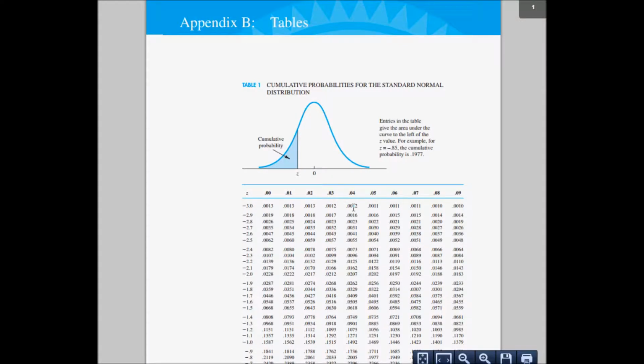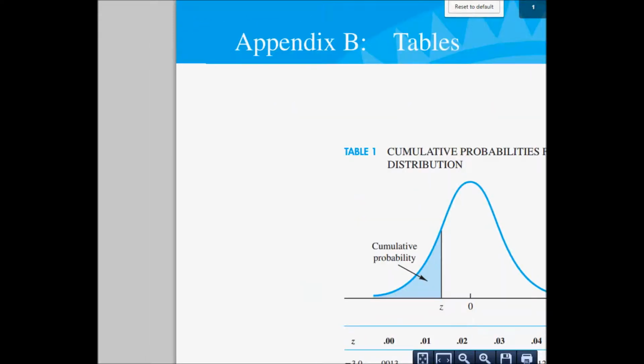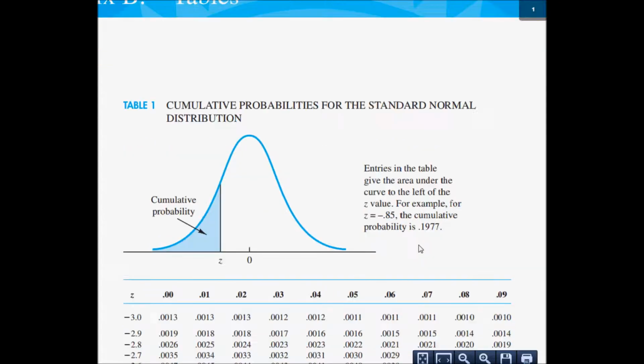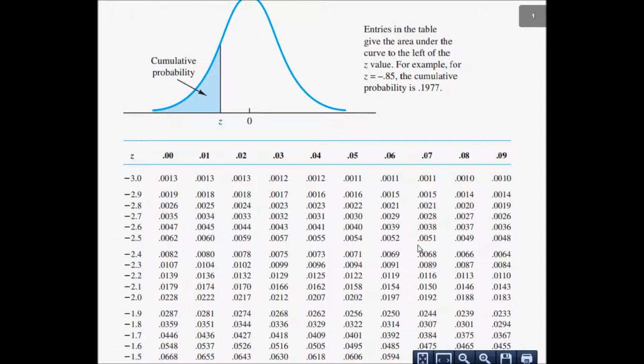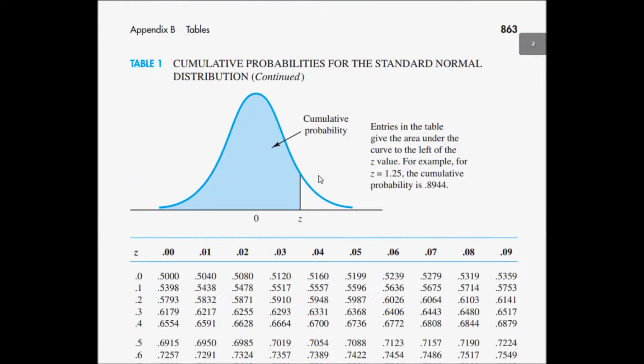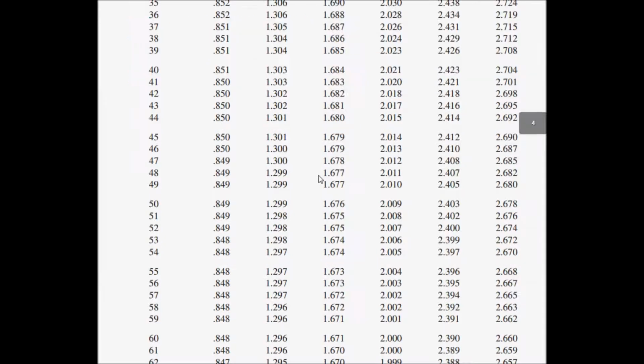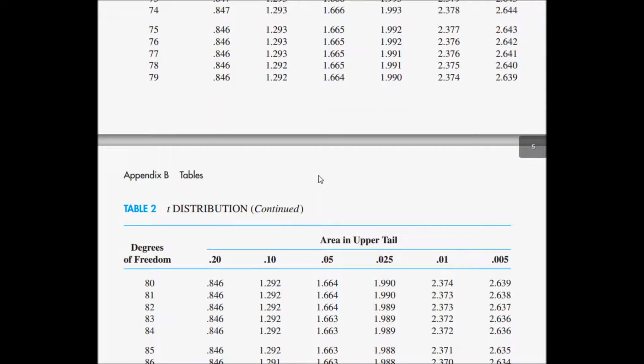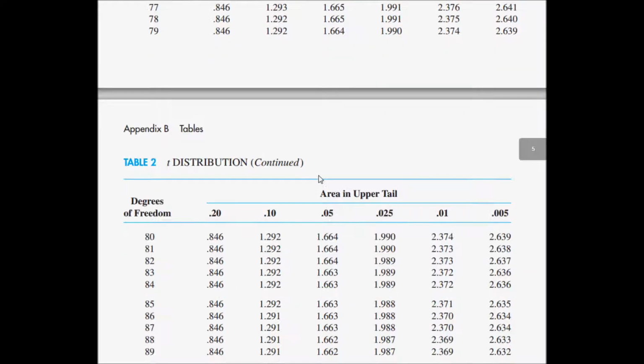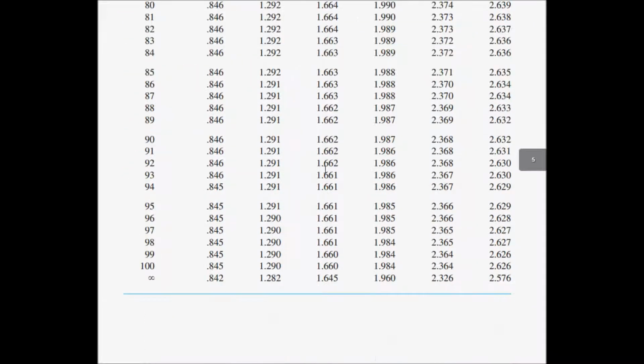Now we can get the critical value, the negative critical value, from the standard normal table, but the standard normal table only produces z-values to 3 decimal places. So instead we go to the infinity row of the t table, and we're going to be in column 0.05. So in column 0.05 and infinity row, we see the z critical value is 1.645, but since it's a lower tail test, we're going to make that negative.